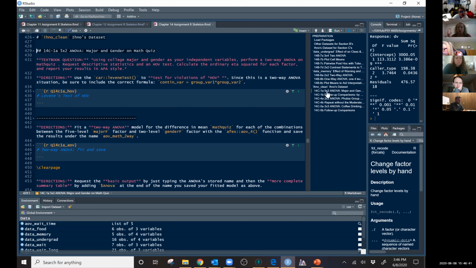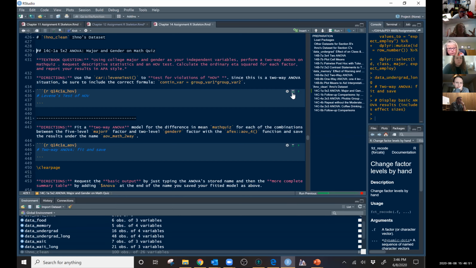So if you're just opening this up and you haven't been working with it today, since you started R, make sure you run the run all chunks above button. So it will load your packages in and read the data set in and get it all ready to work. Okay.